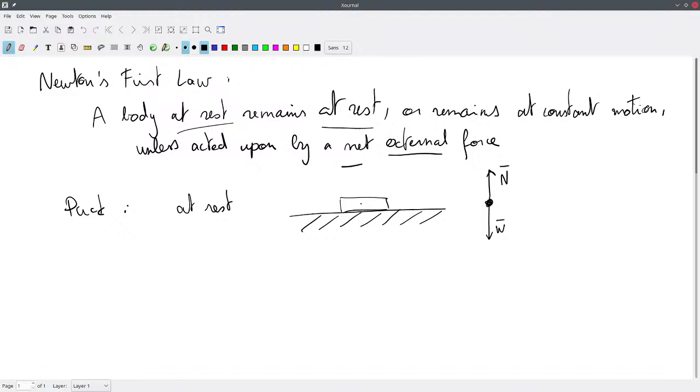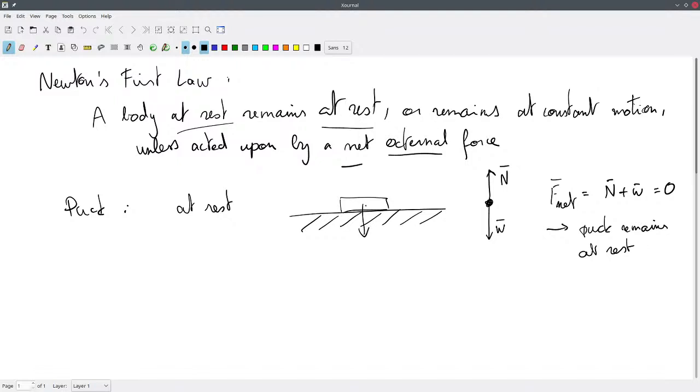And since the puck is at rest, is not moving, the normal force and the weight are going to sum up to 0 in our net force. The puck remains at rest as long as these are the only forces that apply.